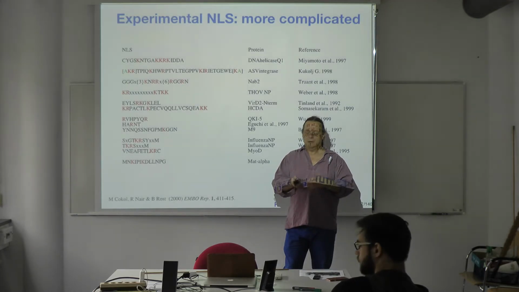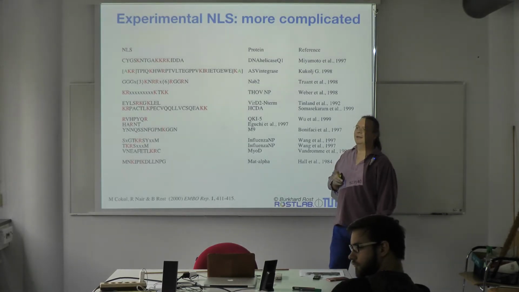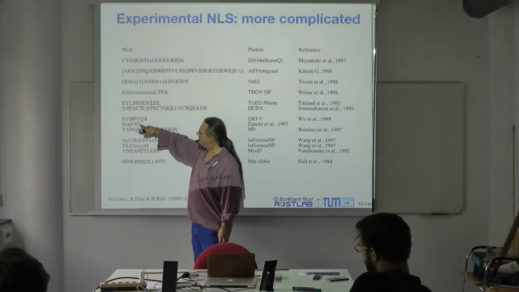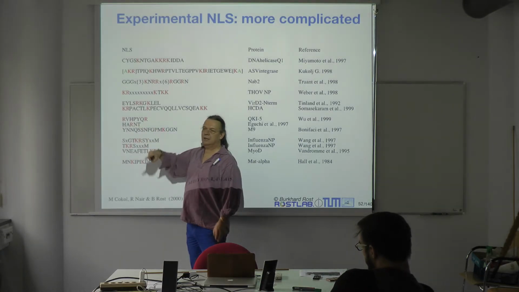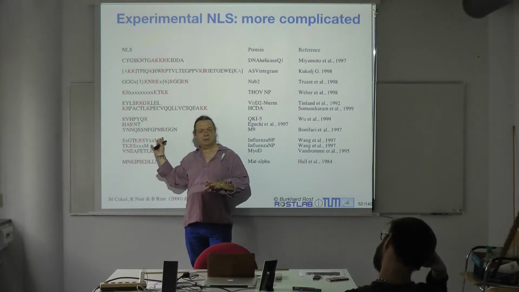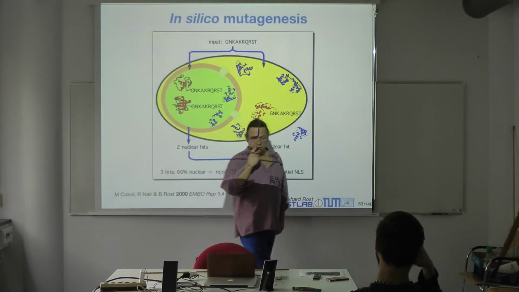Is the data in the database based on this? No. So very often what happens is that somebody read the paper, would annotate that protein as a nuclear protein, and that may be in our data set. But that still doesn't mean that the signal is in the database, right?